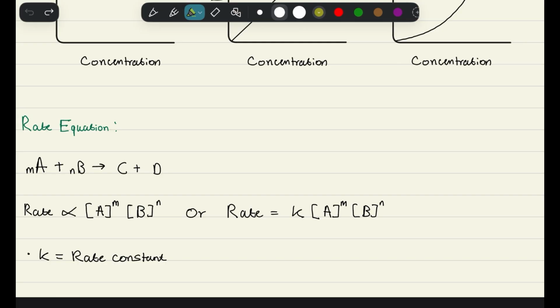Just know that not all reactants are going to be in the rate equation as well. Now, because we are directly proportional, if you're a mathematician, you would know that we can have rate constants, this idea of a constant, right? So we're going to say that the rate is then equal to the rate constant, which is going to be k, multiplied by the concentration of A to the power of m and B to the power of n. Cool. So take all of that into account as we move into actually calculating the rate constant.